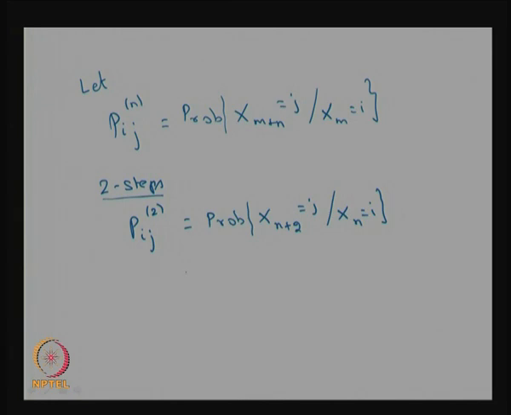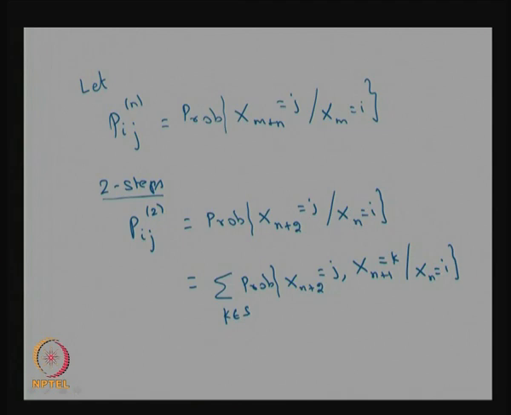So, this probability, the 2-step transition probability of the system moving from the state i to the state j in 2 steps, you can write as all the possible ways the system moves from i to j by including one more state in the first step. The state is k, given that the system was in the state i in the nth step, for all possible values of k belonging to S.